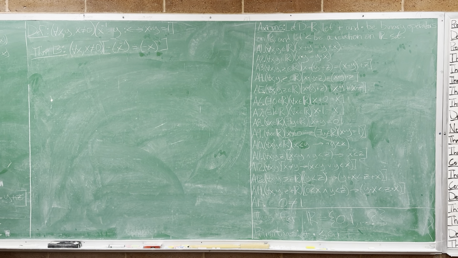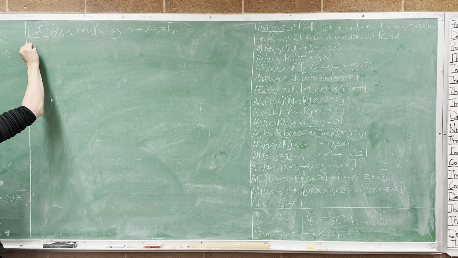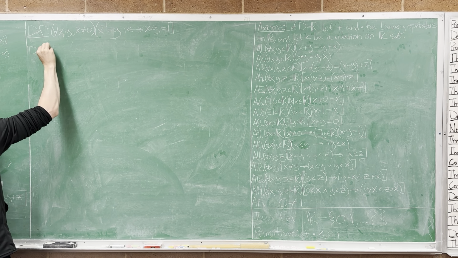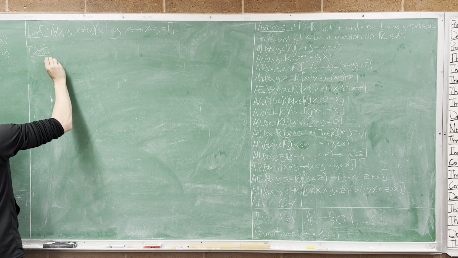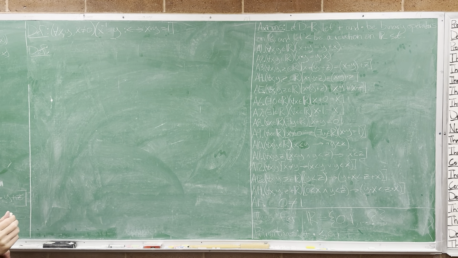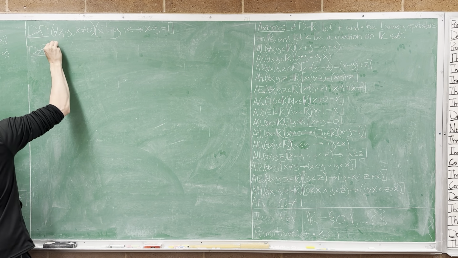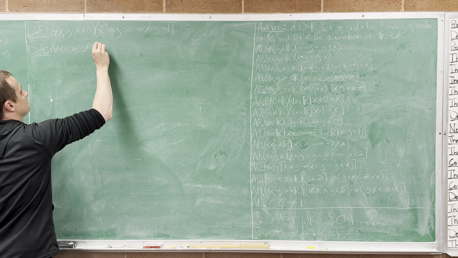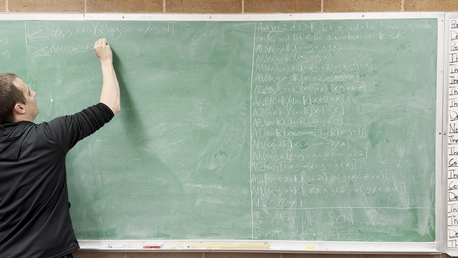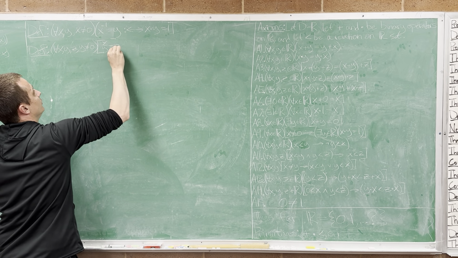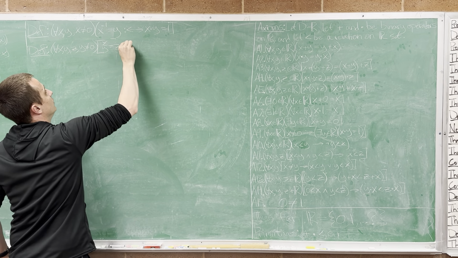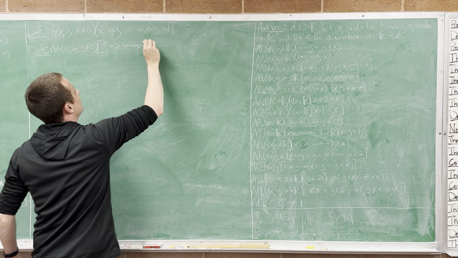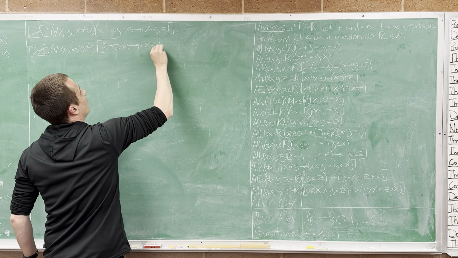Our next definition introduces division. Do I divide by y or x? Divide by y. So for all x, y, and z, where y is not equal to 0, we say x divided by y is equal to z is logically equivalent to x is equal to y times z.